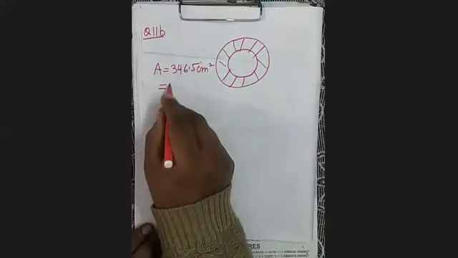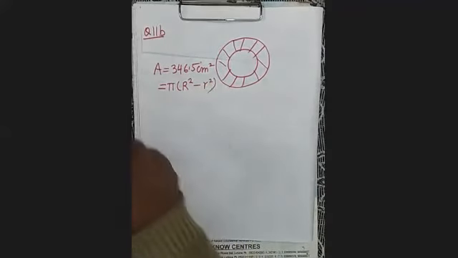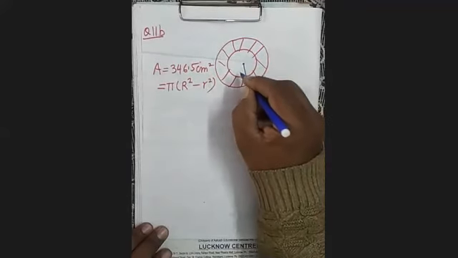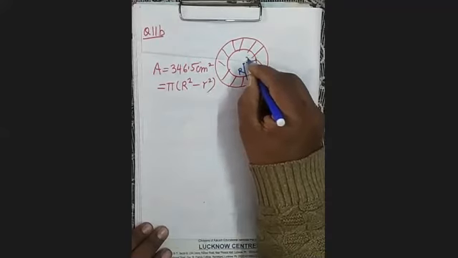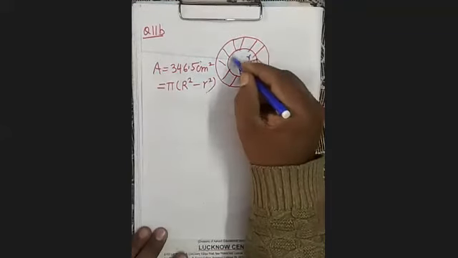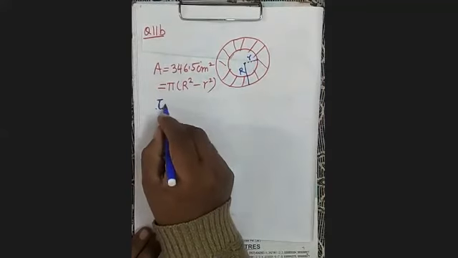This you can write as pi capital R square minus small r square. What is capital R? Capital R is the radius of outer circle. What is small r? It is the radius of inner circle. This. It's clear. Now circumference of inner circle. Inner circle का circumference कितना दिया?